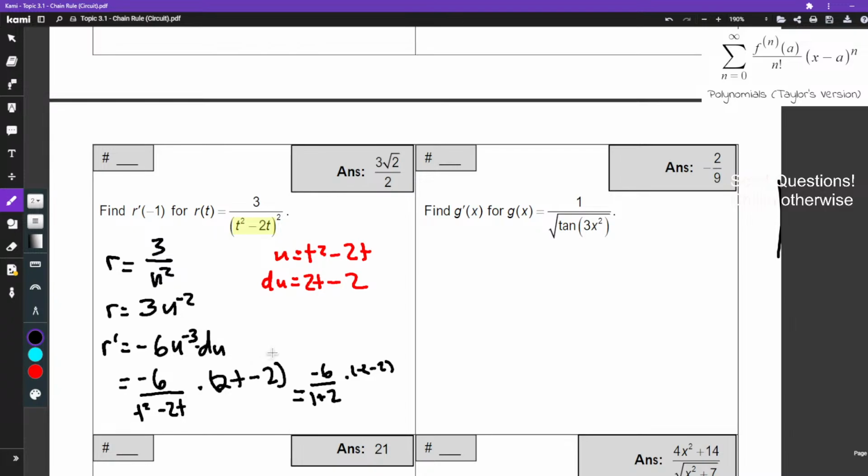And all we gotta do now is simplify. This 6 divided by 3 is negative 3. Negative 2 minus 2 is negative 4, which is equal to positive 12.